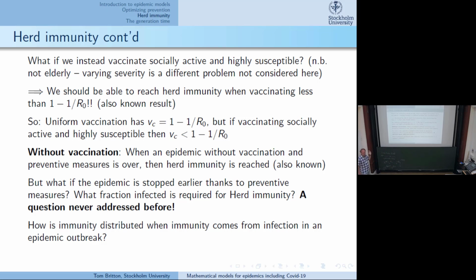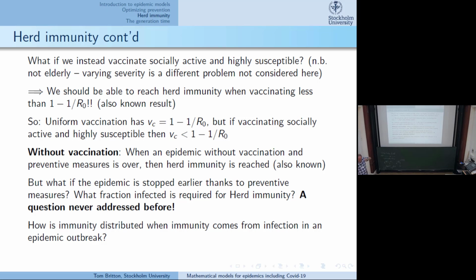That has also been known. There are a lot of papers about optimal vaccination strategies and stuff like that. However, what has not been considered before is this: we have an outbreak going in a heterogeneous community, so maybe a multi-type epidemic model is a good approximation.